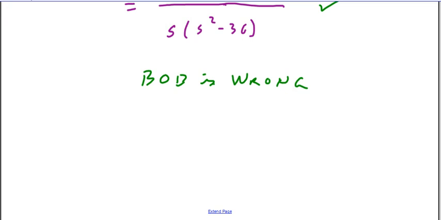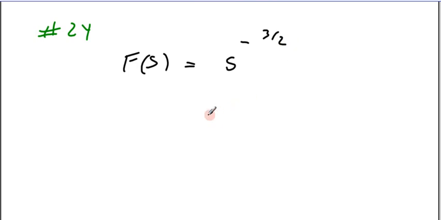Okay, number 24. F of s is s to the minus 3 over 2, which is 1 over s to the 3 over 2. We want to find the inverse Laplace transform. So I look at my table and I say, well, that doesn't make a lot of sense.